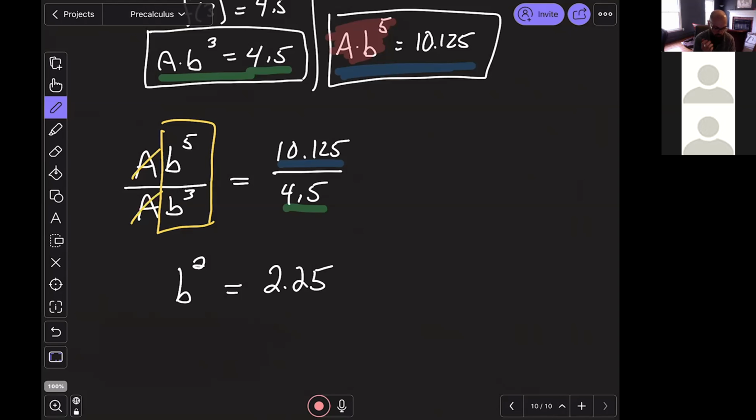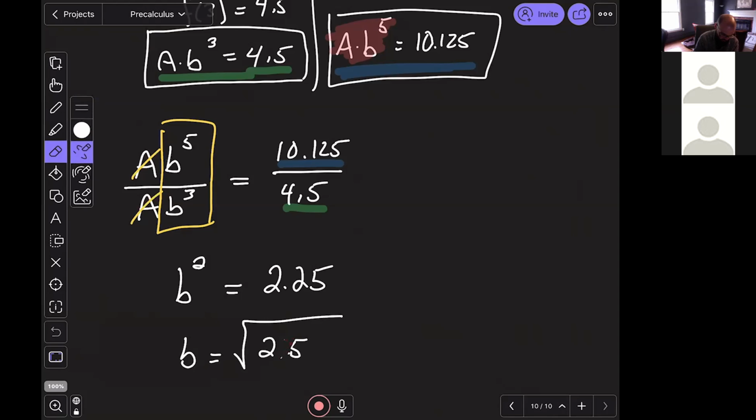So if B squared is 2.25, then taking the square root of both sides gives me what I want. Let me clean this up a little bit. So B is the square root of 2.25.